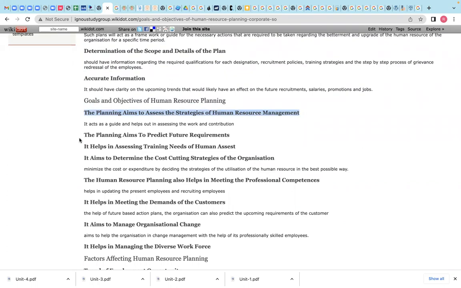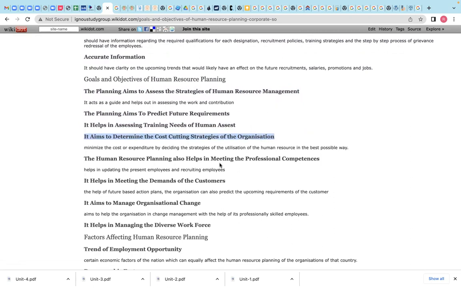That is what planning should aim for. It should predict the future requirements. We talked about future requirements a number of times in block 1. It should assess the training needs, what kind of training and development it needs to do to ramp up the skills. And how to cut the cost. So how exactly you need to optimally use the resources who are there in the company. That is what cutting the cost is all about. You should not recruit again even though the skills are there somewhere else.